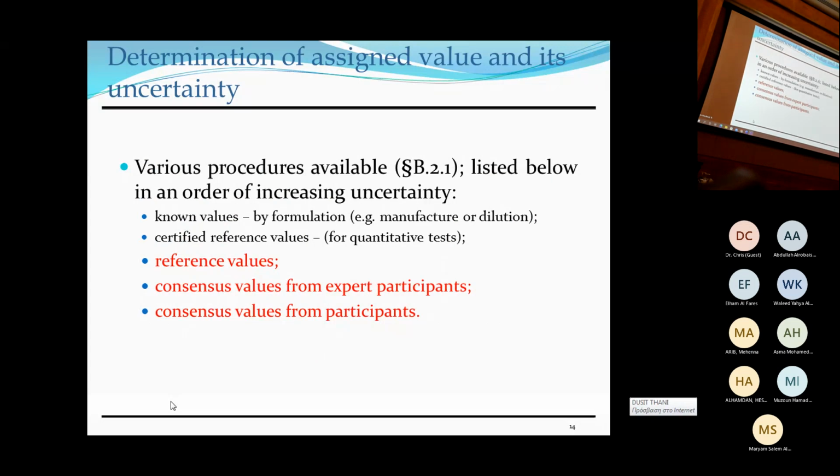So there are different procedures available in order to determine an assigned value, and they're listed here in an order of increasing uncertainty. The first two have to do with values coming from the area of testing, where we might have known values by formulation, so a chemical composition, or certified reference values.